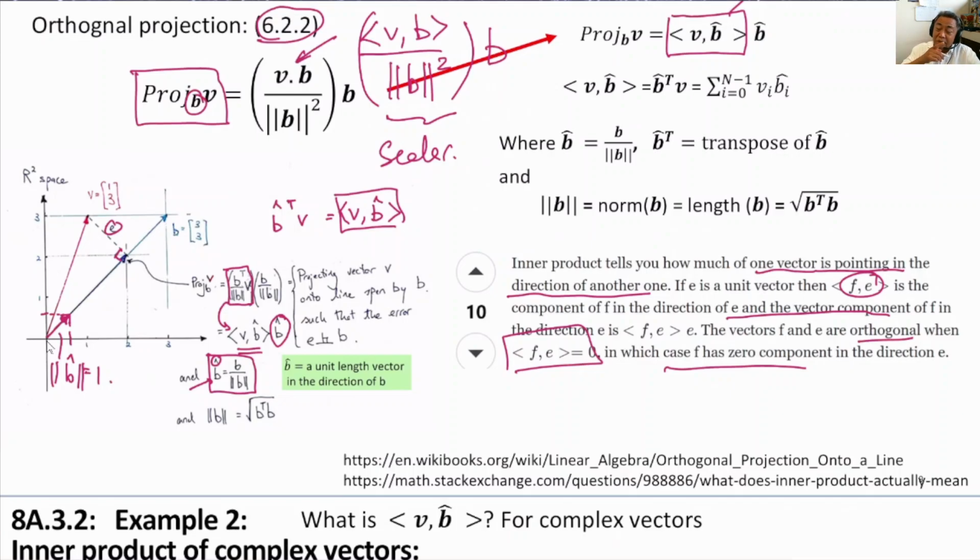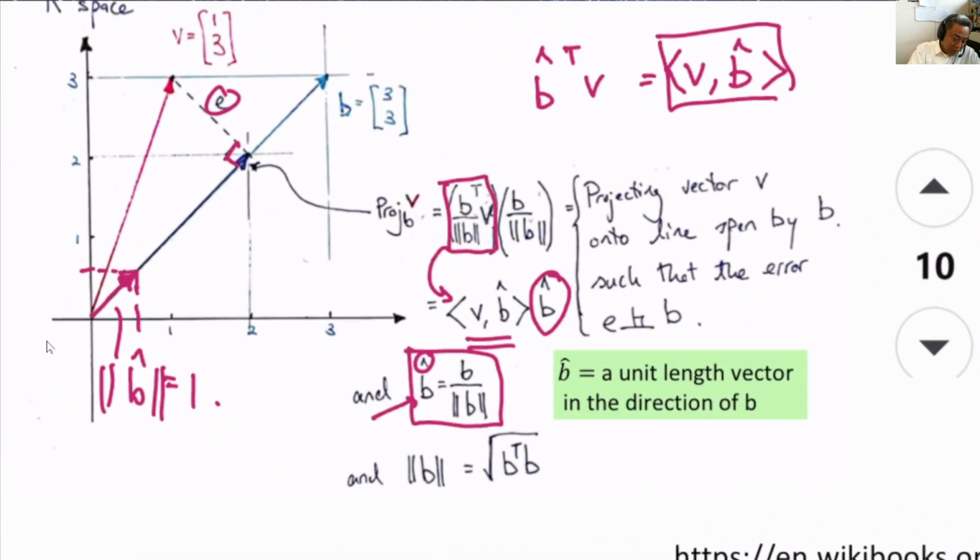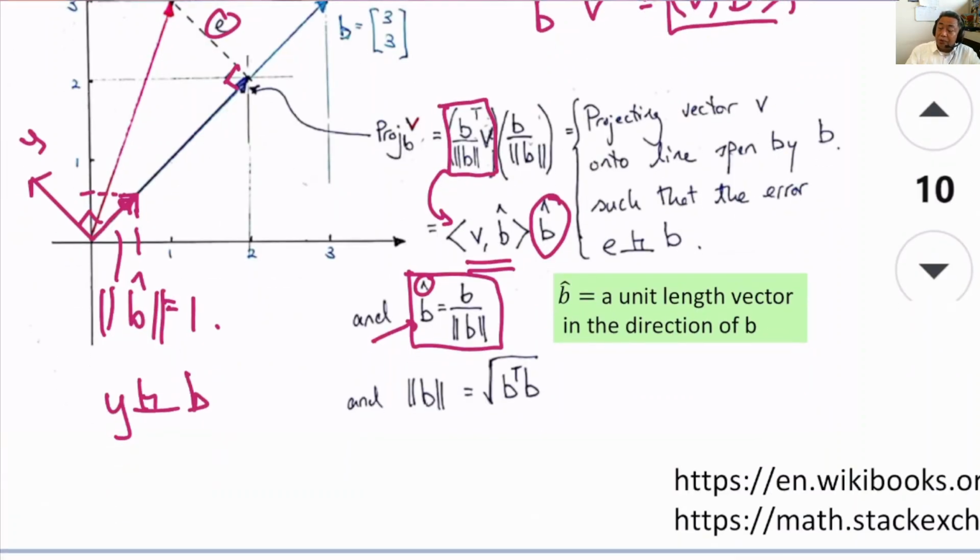So we are not even trying to move along that direction. I'll give you an example. Let's say y is orthogonal to b, and therefore when we try to project y onto b, we get the 0 vector. Better not to move away from the origin.